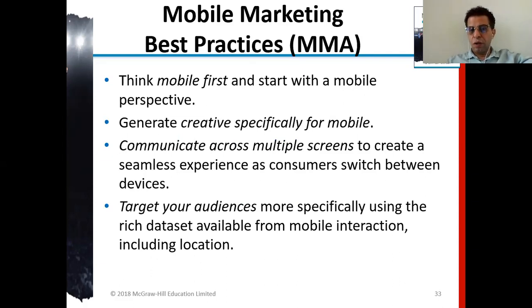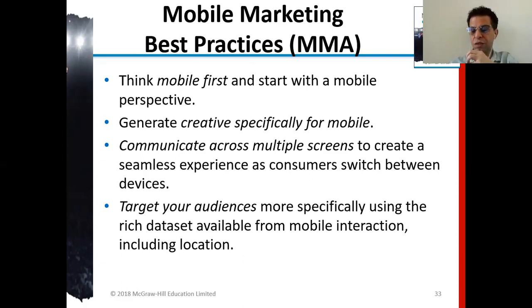Mobile marketing best practice is different from the first one. Best practice is think mobile first and start with a mobile perspective. So you want to think and focus on a mobile perspective and generate creative specifically for mobile. Communicate across multiple screens to create a seamless experience as consumers switch between devices.